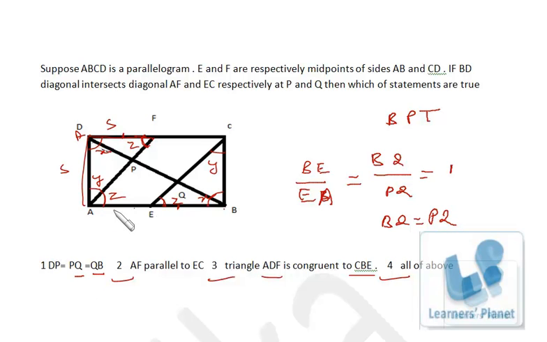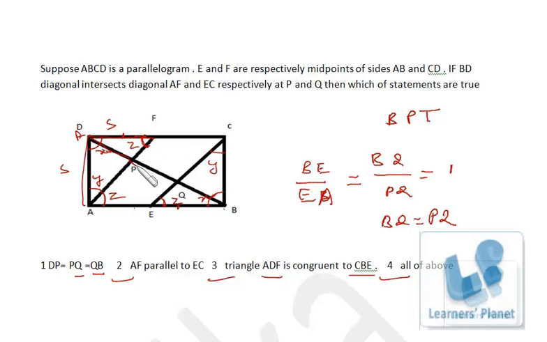Now we take this bigger triangle, or it would be better if we take triangle DQC. The same idea is applied over here. This line is parallel to this line. That means DP by PQ will be equal to DF by FC.